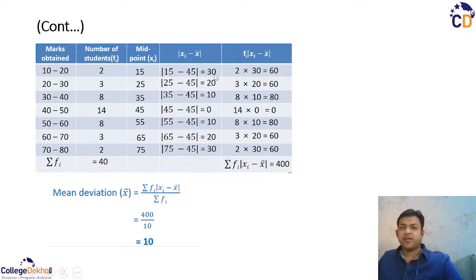On multiplying this with frequency, we get the last column in this table. The total of this last column is 400. So the value of mean deviation would be 400 divided by the number of observations, which is 10. This is how we calculate the mean deviation about mean.